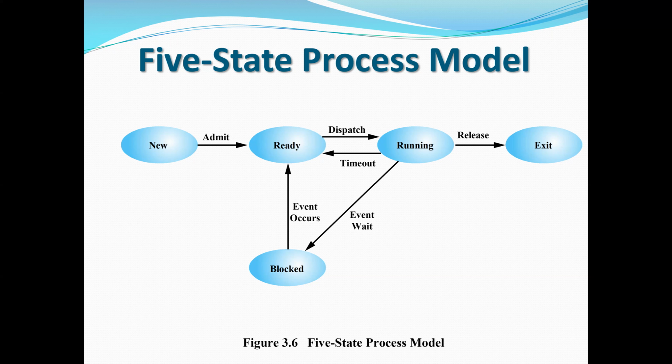Now, most systems will set some limit based on the number of existing processes or the amount of virtual memory committed to existing processes. The limit ensures that there are not so many active processes as to degrade performance.